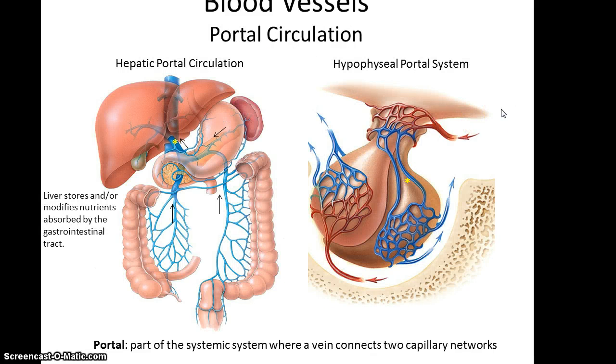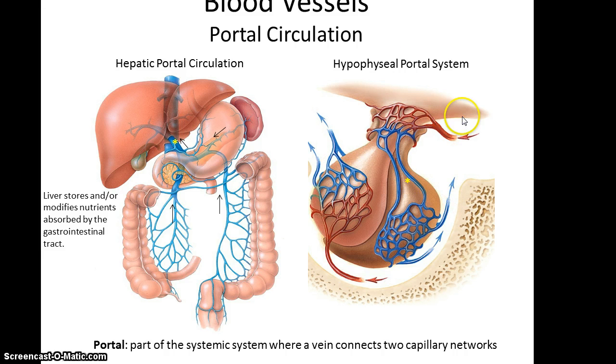Finally, there's also something called portal circulation. Portal circulation specifically means when you have veins connecting to capillary beds, which is a rare occurrence. Here are two examples of portal circulation. You've got the hepatic portal circulation, where blood from the intestines and stomach, with lots of nutrients in it, flows into the hepatic portal vein to enter the liver, where it goes through another capillary bed and then enters the hepatic veins to enter the inferior vena cava.